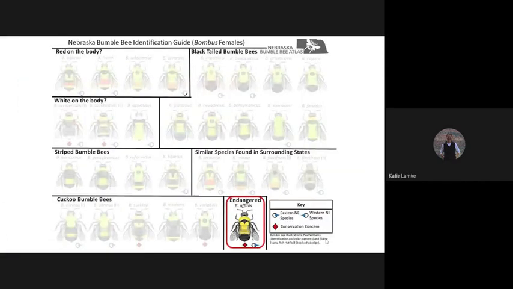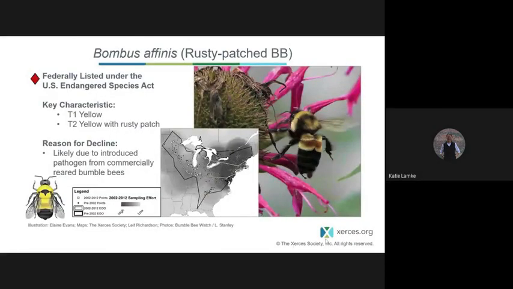And the last bee that we need to talk about is Bombus affinis, which again is unlikely that we will collect in Nebraska, but given that they collected the species in Iowa, which is a neighboring state, we had to throw it in here. So Bombus affinis is the rusty patch bumblebee, one that many of you have probably heard of. It's the first federally listed bumblebee under the Endangered Species Act.